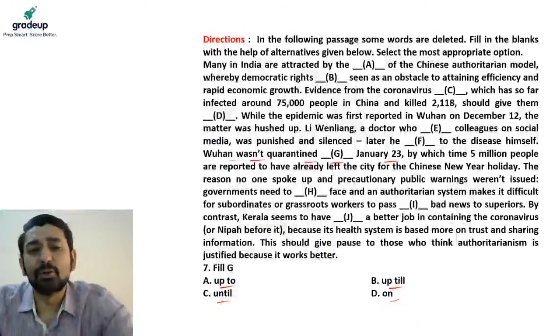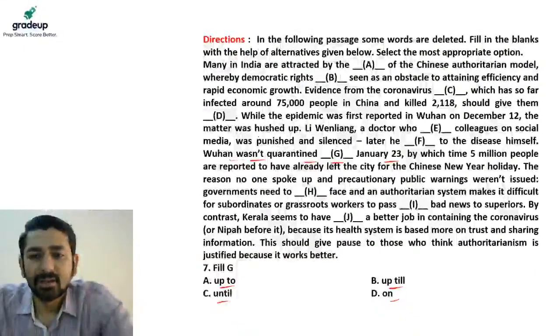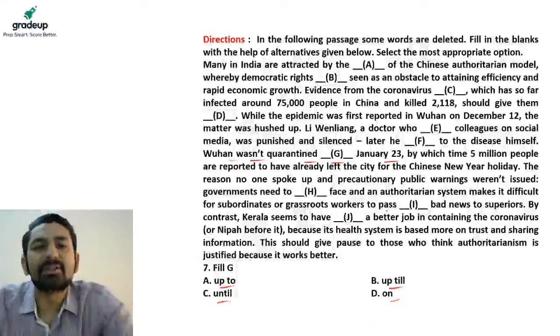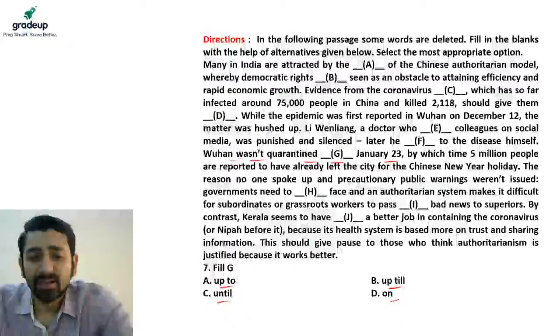Guys, let me tell you, many times when you read a cloze test paragraph, suppose there was no option given. That's why I say you need regular reading habits, because many times, even without looking at the options, you can guess which word should appear in the blank.